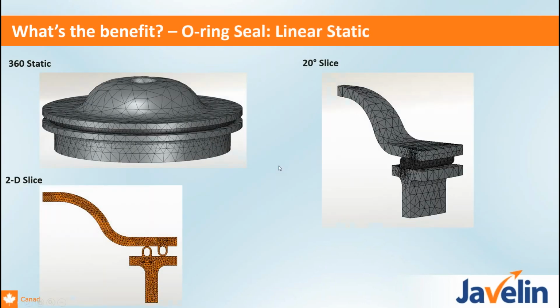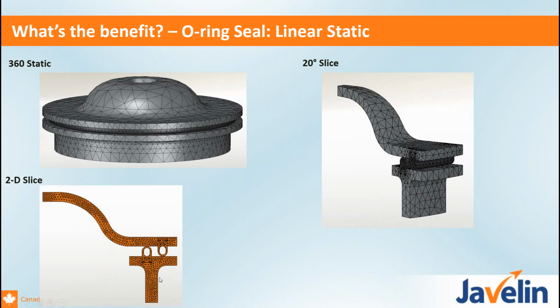So what's the benefit to start with? Why wouldn't we do it in 3D, because we probably have a 3D model that we're going to analyze? Well, let's look at this case right here, just a simple linear static case of an O-ring seal. We've got this double O-ring connection on basically a small little vessel. If you look at the cross-section, you can see a couple little O-rings that are embedded in grooves, and this would basically be sealed.